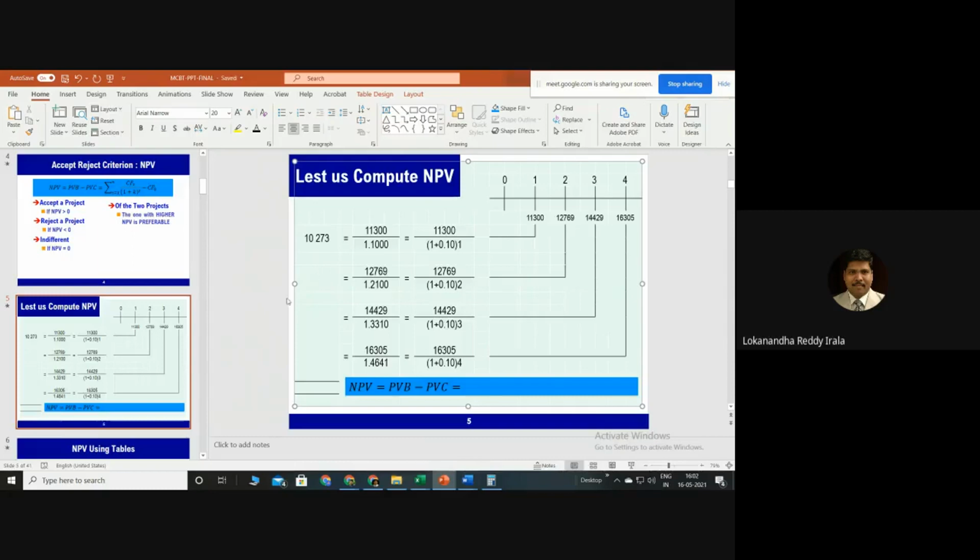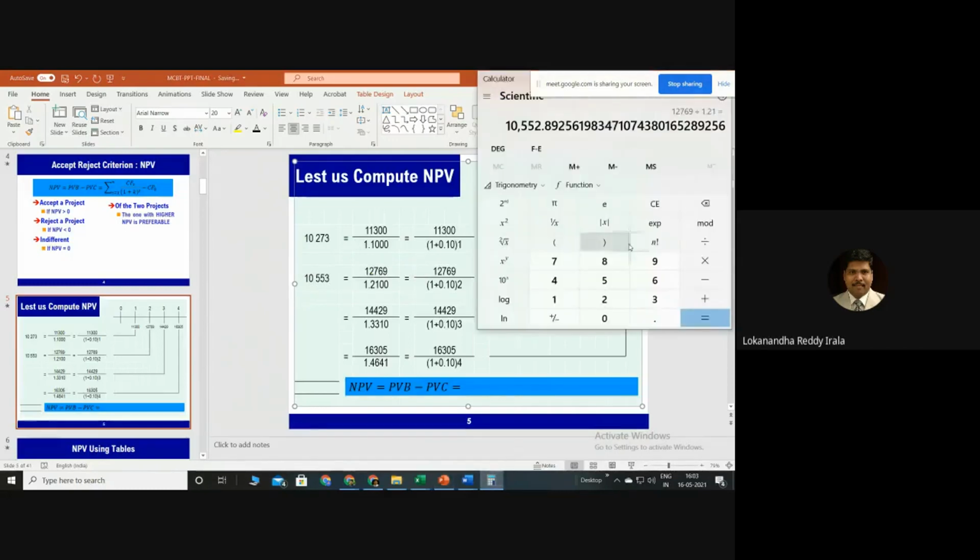10,553. Now we have 10,040.7. 12,769 divided by 1.21 is 10,553.